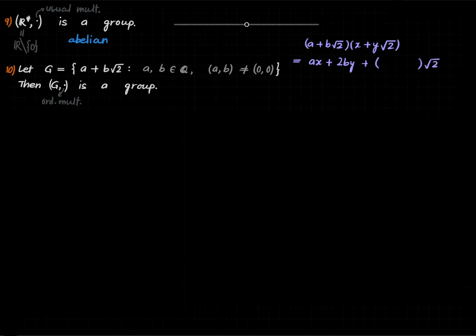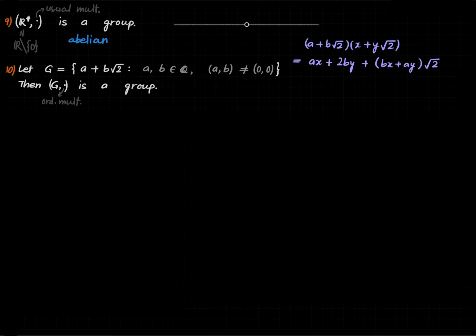What is that something? That is bx plus ay. So clearly, if you multiply two things of this sort, you get another thing of that sort. Also note that this cannot be 0. If this and that are non-zero, then this also cannot be 0. Right? So justify, very simple. So this is a bona fide binary operation on this set. And now we need to worry about, well, associativity is clear because ordinary multiplication is associative.